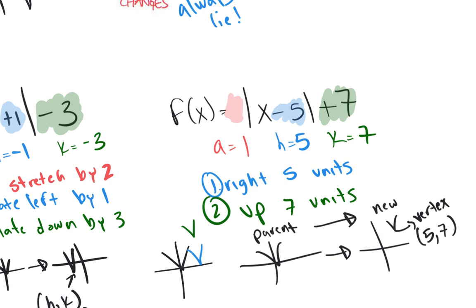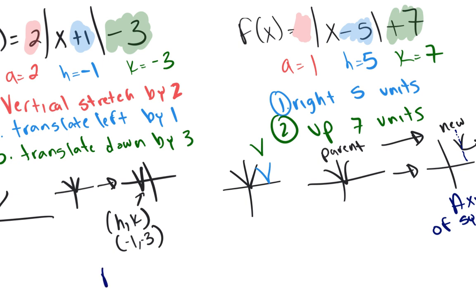Notice that your axis of symmetry will always cut down on your vertex because you always cut your graph in half. So your axis of symmetry is going to be x equals 5 for this one. And axis of symmetry is x = -1 for that one.